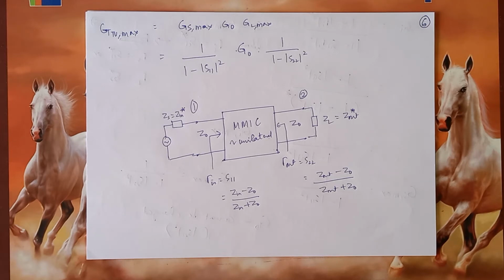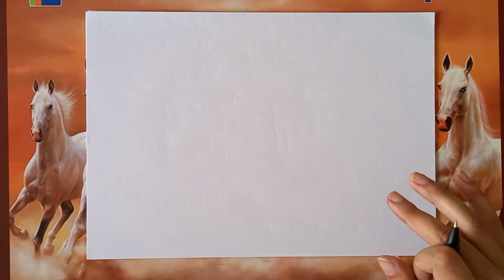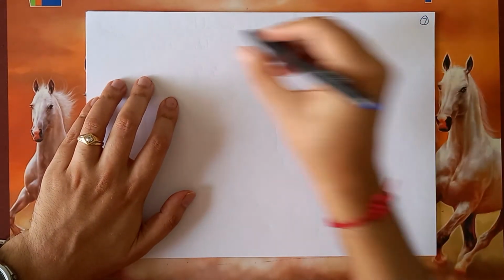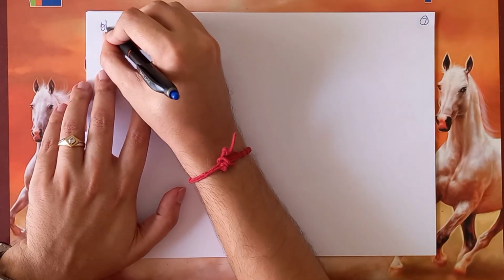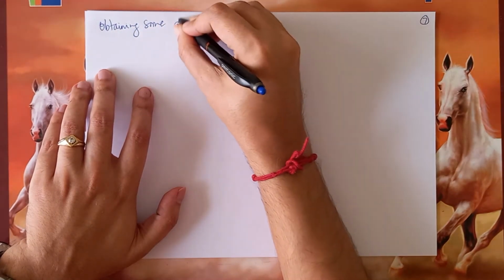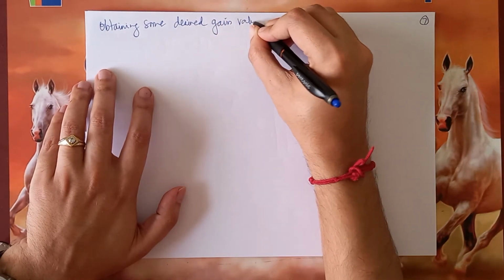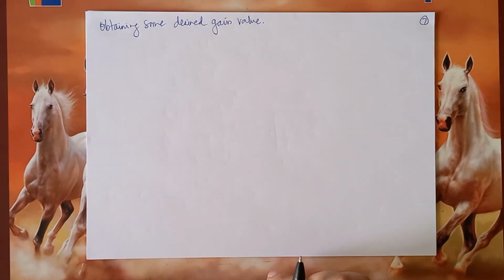So the question is, suppose we want some gain that is obviously below the maximum possible, then what can we do on the source and the load side to ensure that? Obtaining some desired gain value.